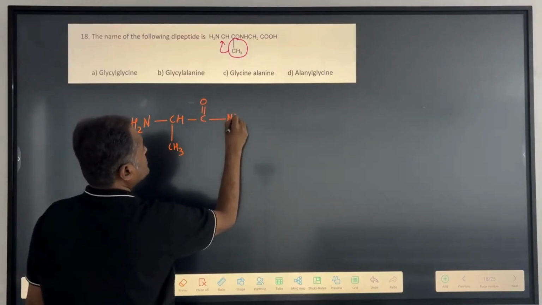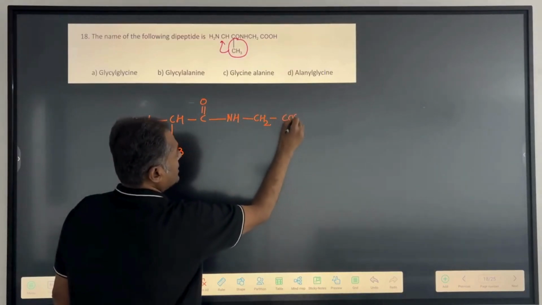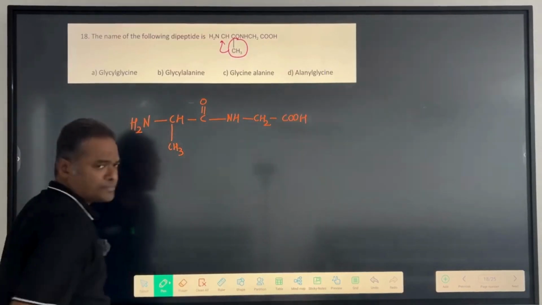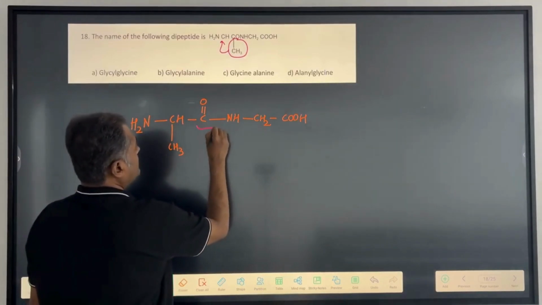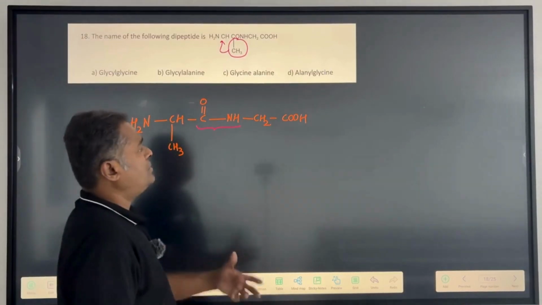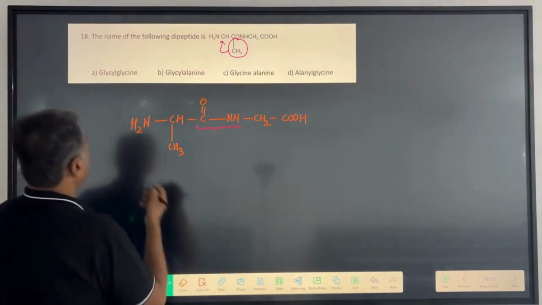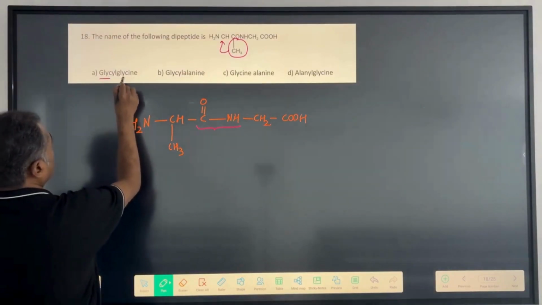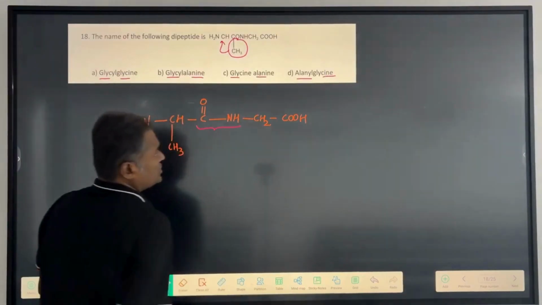It's NH, it's CH2, and it's an acid. Now before you start anything, child, are you able to see a peptide bond over here? Now a peptide, you must know, has two alpha amino acids joined, and both the alpha amino acids you can see over here. But now the only thing you need to find out is which one it is.